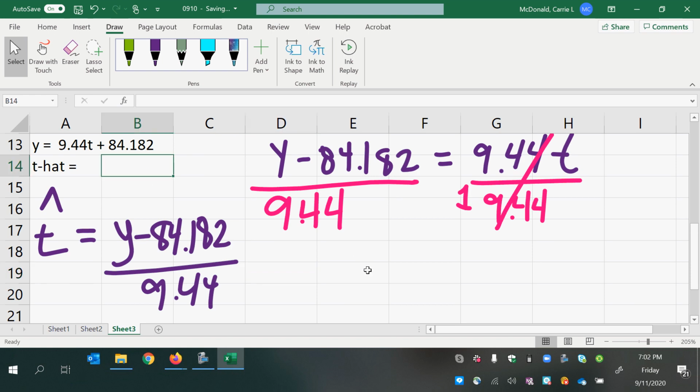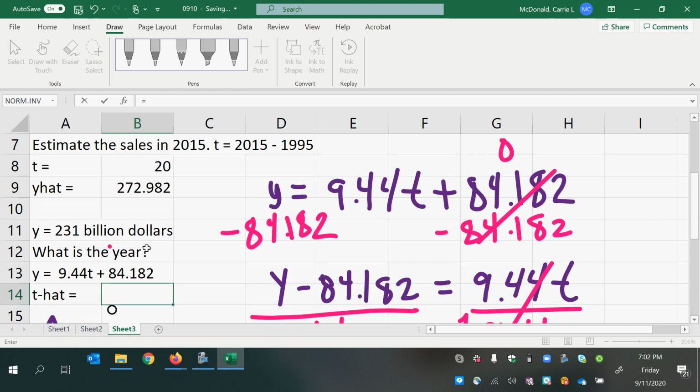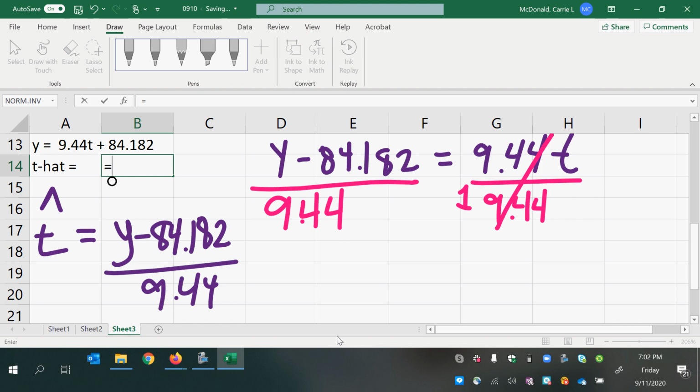Okay, so I'm going to do that right here. I'm going to take, what did they say, 231 billion? Okay, so I'm going to take 231 billion minus 84.182 billion divided by 9.44. And so I get about 15.55 years after 1995.